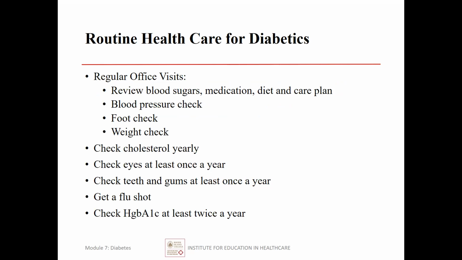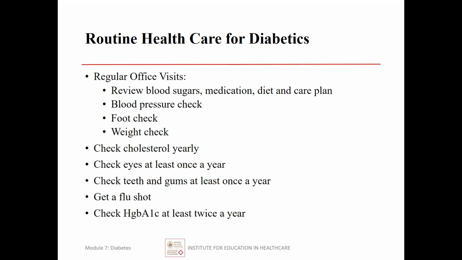Because diabetics are at such high risk for all of these complications, it's very important for them to have regular routine health care. So they should have a regular primary care doctor who is helping monitor and follow their diabetes.